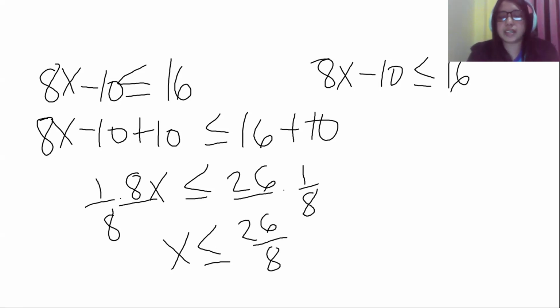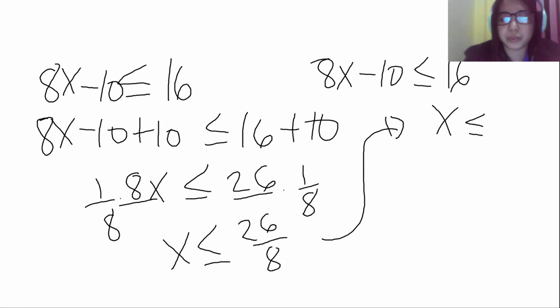We can still reduce this: 26 over 8 is 13 over 4. So x is less than or equal to 13 over 4.